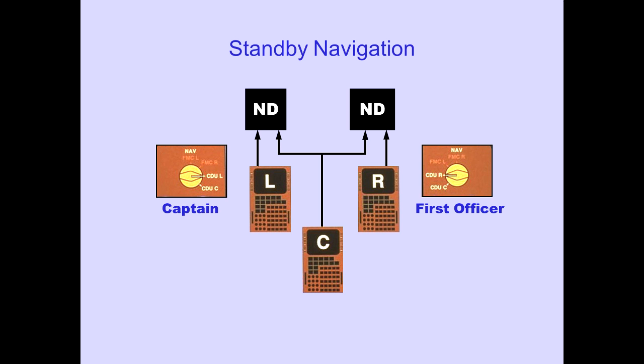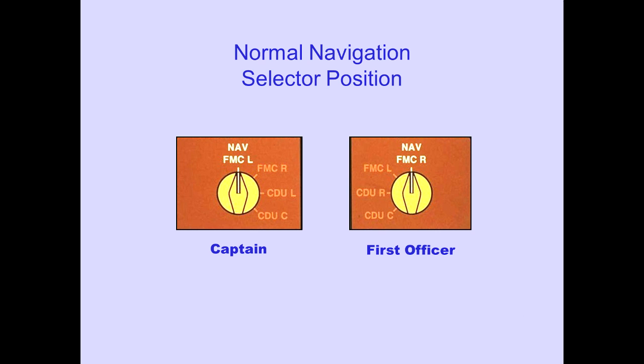The captain can select the left or center CDU. The first officer can select the right or center CDU. Standby navigation is covered in the Standby Navigation module. Normally, the captain's navigation selector is on the left FMC, and the first officer's selector is on the right FMC.